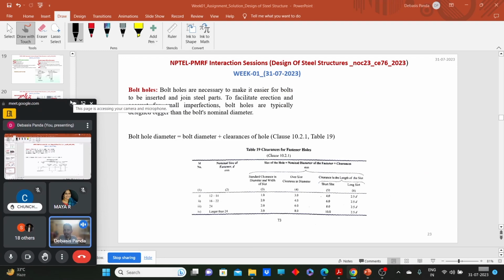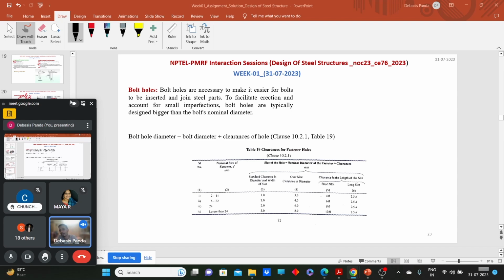For the rivets, that clause of IS 800 1984 says that there are two kinds of diameter, one greater than 25, one less than 25. You go for 1.5 mm clearance if your rivet is less than 25 mm. If your rivet is more than 25 mm, then you go for the clearance 2 mm.